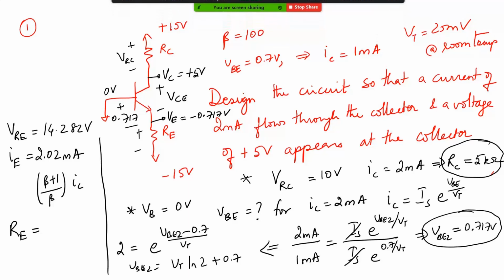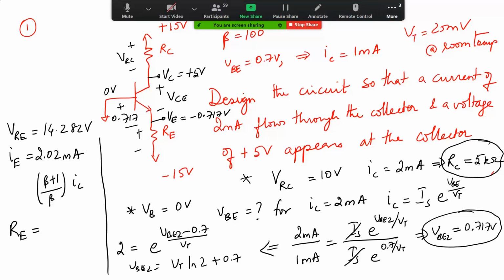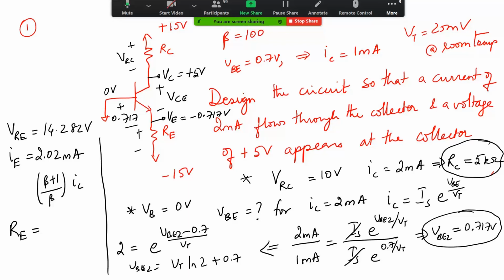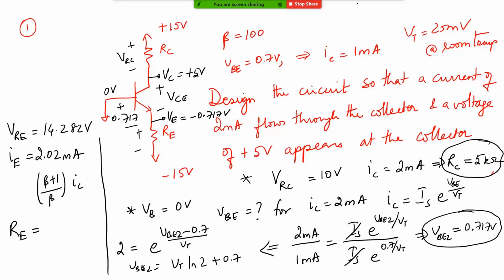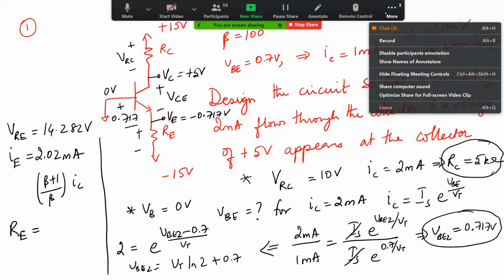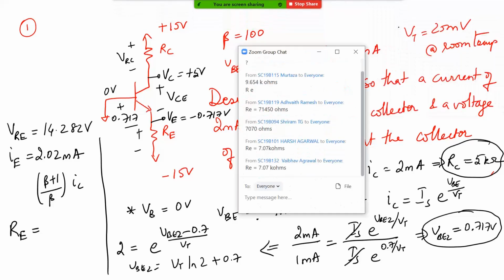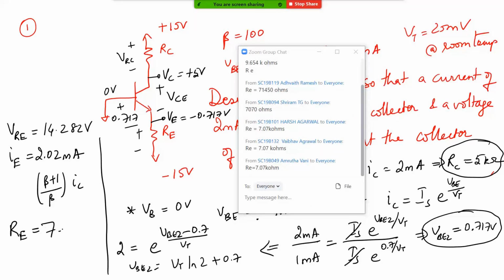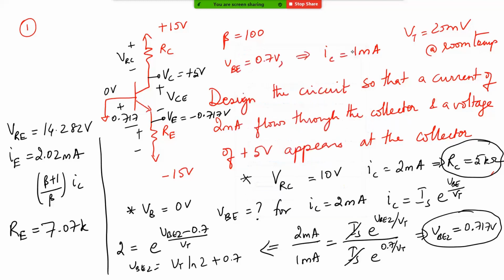VCE in this case, once you calculate, you'll find out that it is 5.717. Okay, sir. So emitter is at minus 0.717. VC is at plus 5 volt. Yeah, 7.07 is the right answer. 7.07 kilo ohms.